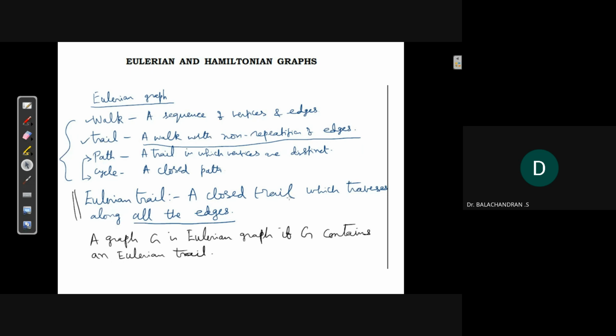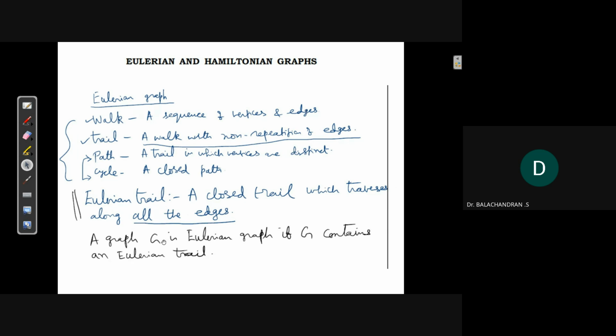A closed trail which traverses, or passes along, all the edges exactly once is called an Eulerian trail. Edges should not be repeated because it is a trail. Trail means non-repetition of edges, but a vertex may be repeated.